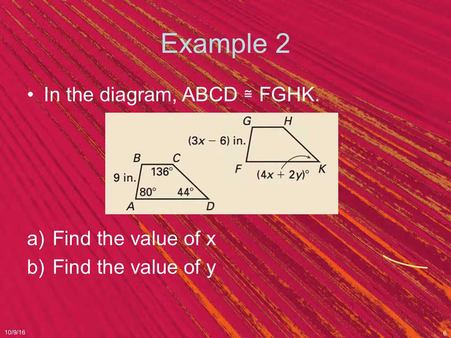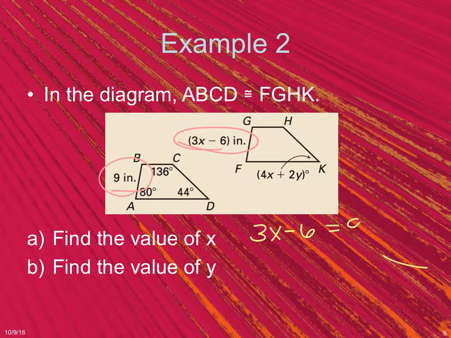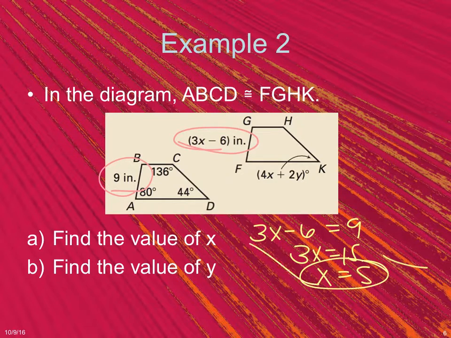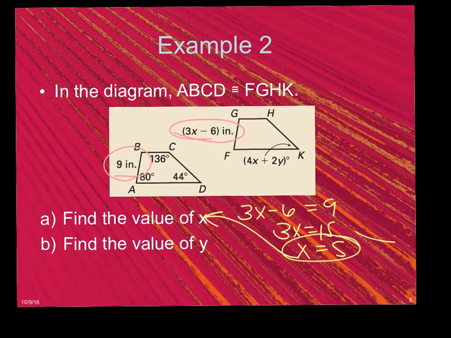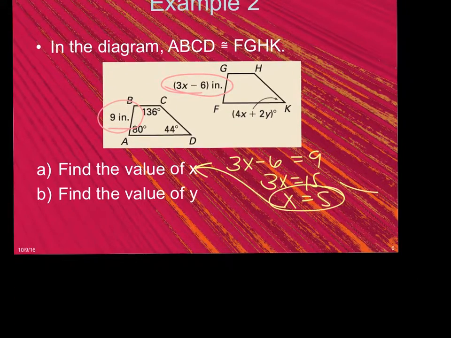So if I've got x on this side here, what side does that match in the other quadrilateral? The 9 inches. So all I have to do is say that 3x minus 6 equals 9, 3x would equal 15, and x equals 5. And then the other question is based on an angle. So again, all the corresponding sides are congruent, and so are all the corresponding angles. So angle K, I can either do it from the picture or from up here.